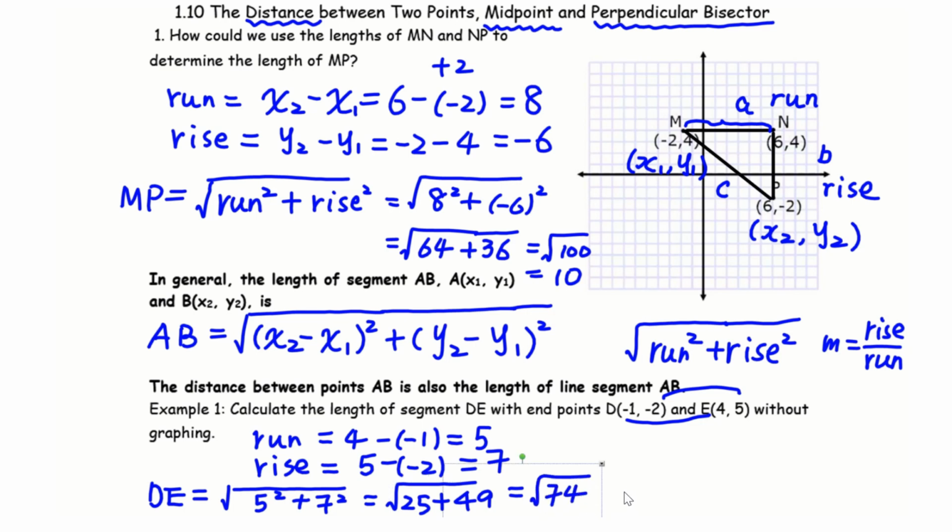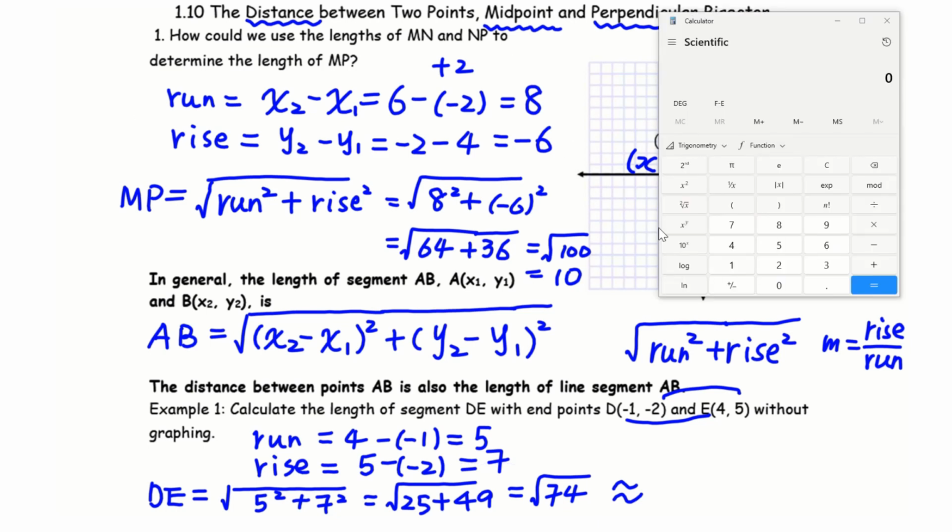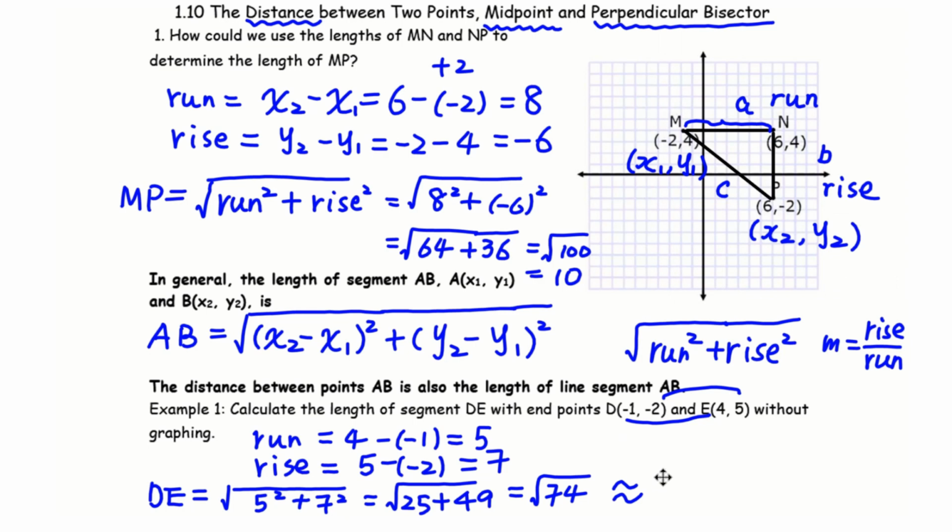So this is your answer, and if you want to round it to decimals, you could use your calculator to find out what square root of 74 equals. We use 74 then square root. It gives you 8.60. If we are going to keep 2 decimal places, it will be 8.60, and the next digit is 2, less than 5, so just round off.